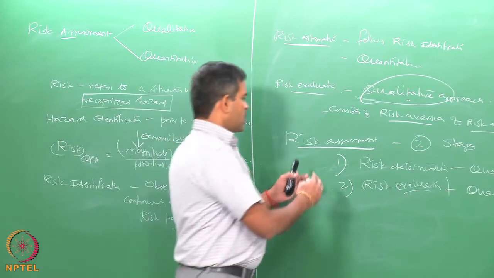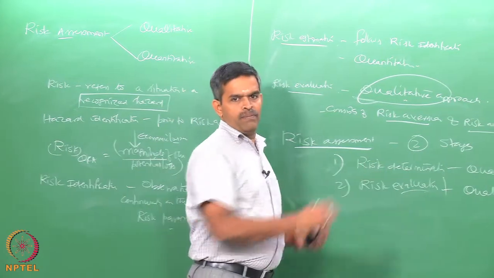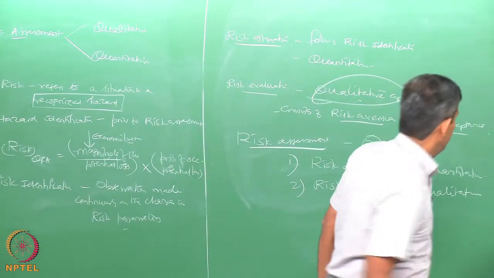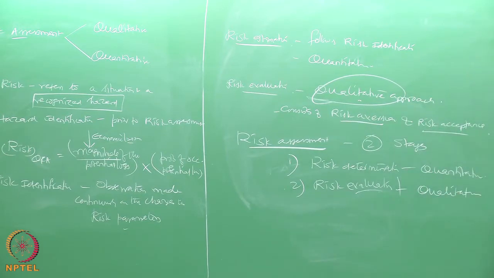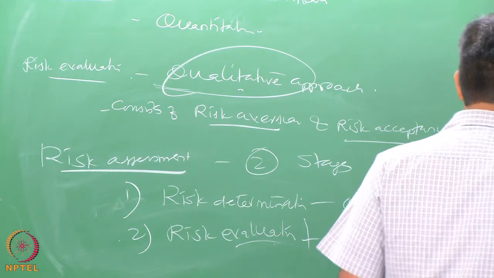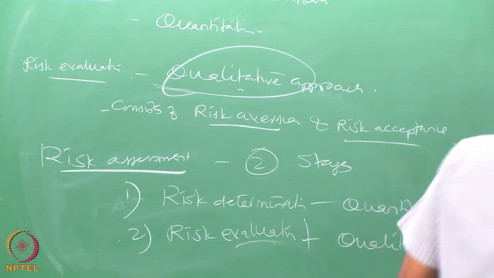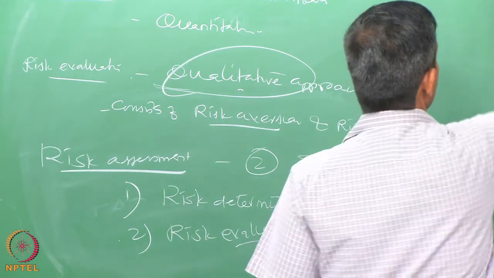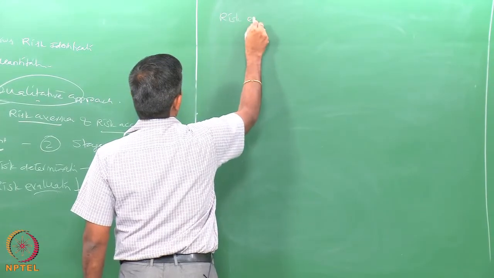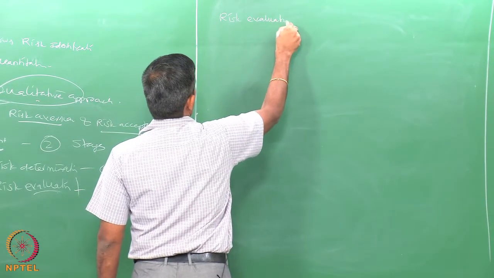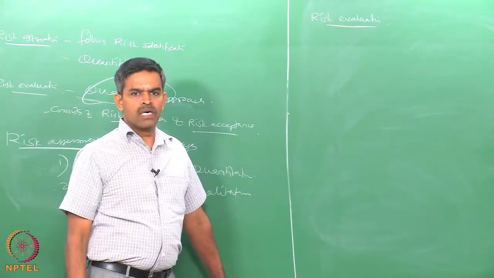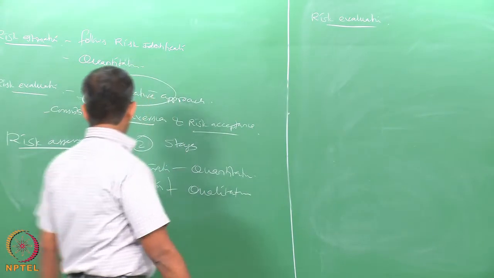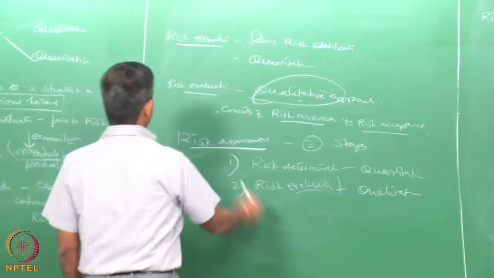Let us slightly look at risk evaluation in a better form. Risk evaluation consists of risk aversion and risk acceptance. We already said that here.